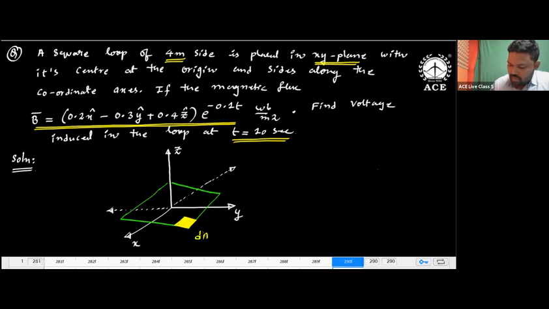What happens to the area dA? dx into dy into z cap, because this is in the XY plane. And the side of this one is 4 meters.